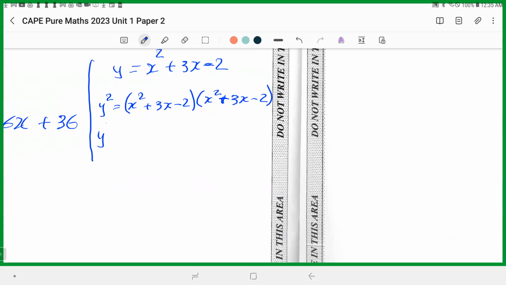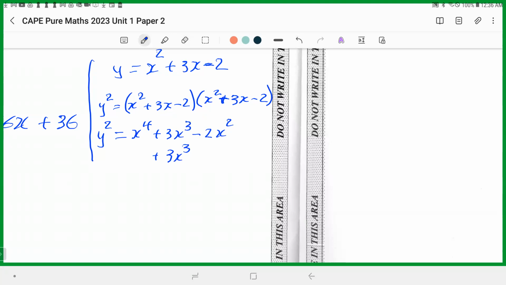So y squared: this times this first is x to the 4th power. This times this is 3x cubed. And this times the 2 is minus 2x squared. We're going to multiply with the 3x now. So 3x times this is 3x cubed.